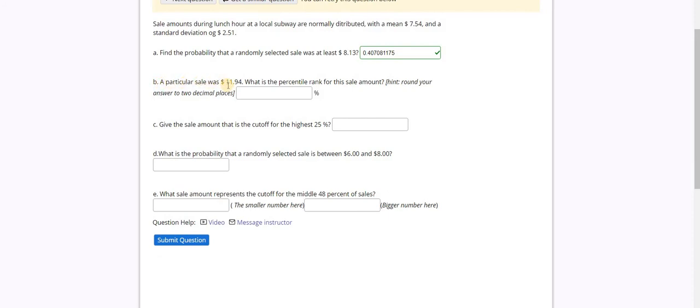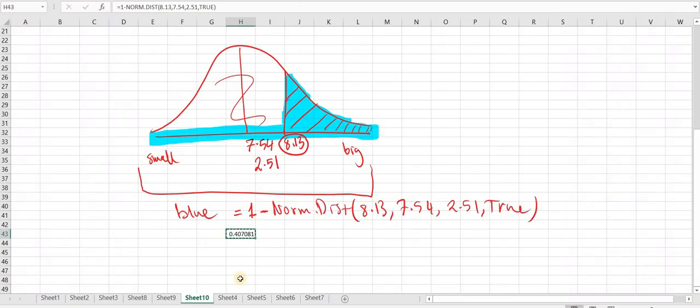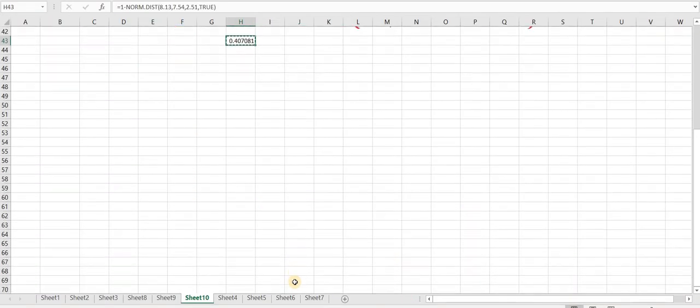A particular sale was 11.94. What is the percentile rank for this sale amount? The percentile rank is basically the area below that number. We know that the percentile is defined by the area below it, not the area above it.